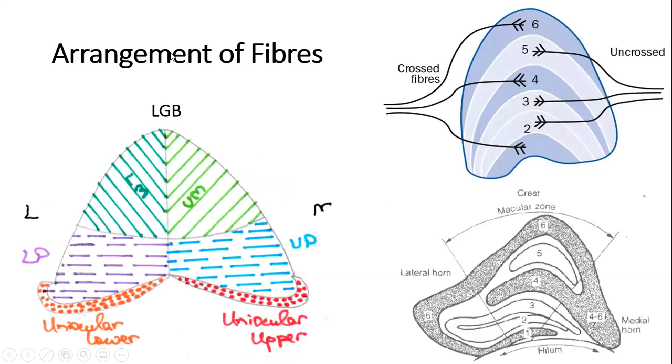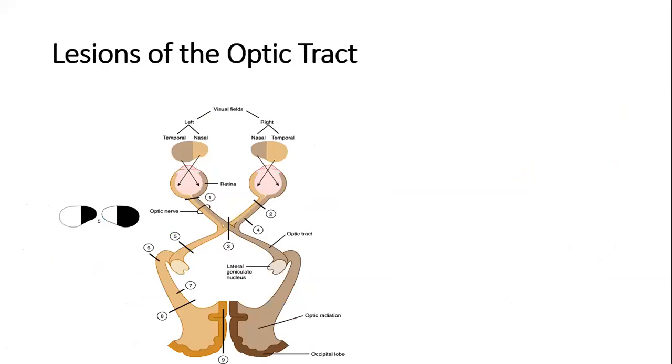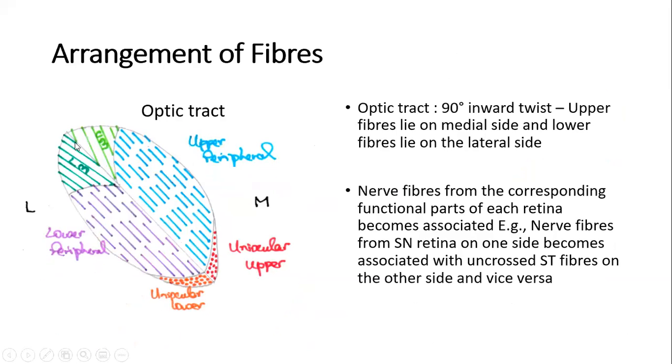So next we'll go on to the lateral geniculate body. So this is quite complex. So follow with me, and if you have some doubts, please stop. So we saw in the optic tract, the macular fibers are there supratemporally. Now there was an inward twist from the optic nerve to the optic chiasma to the optic tract, and again the inward twist continues.